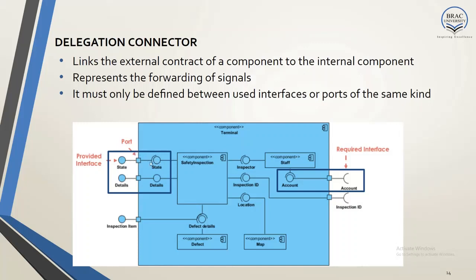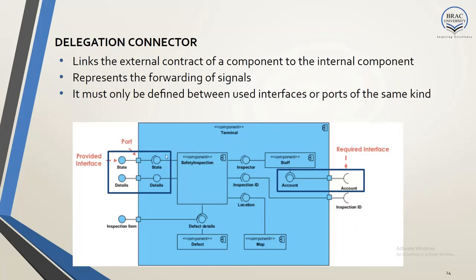So this is the port, and this line through which the interface is connected is a delegation connector. So basically, the delegation connector exposes the internal interfaces of an internal component to the external environment. It must only be defined between used interfaces or ports of the same kind.